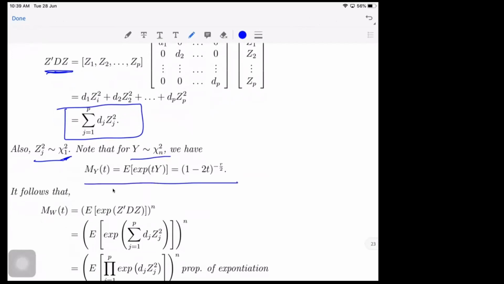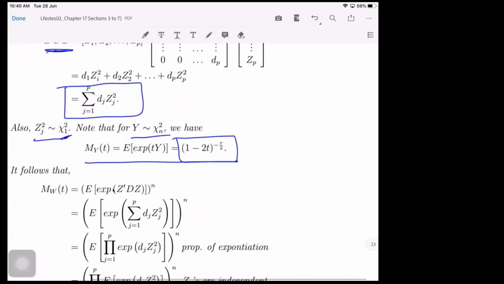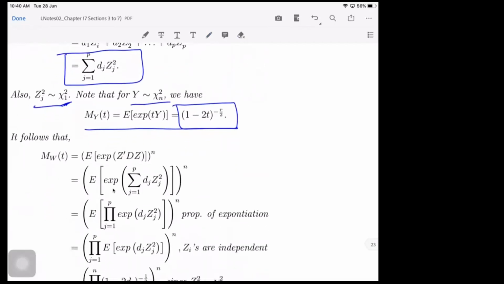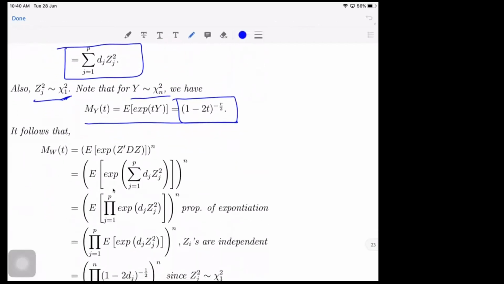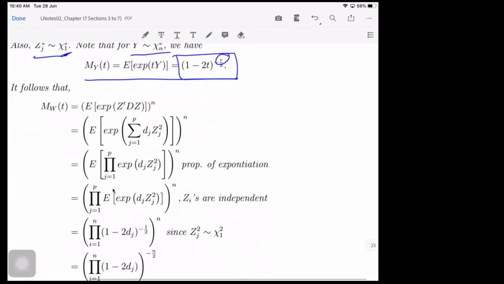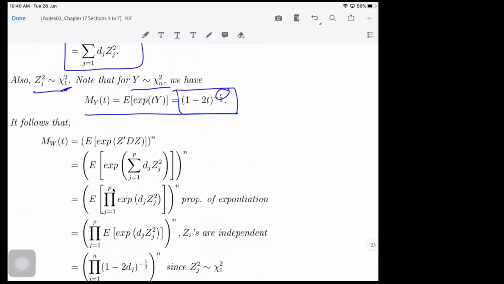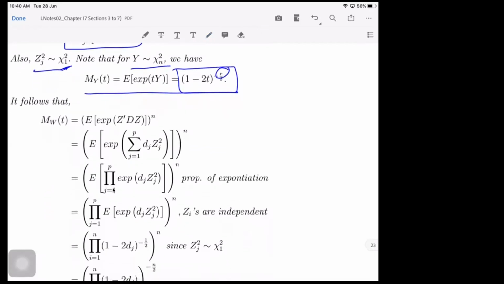So we have this moment generating function for a chi-square distribution, which I've shown earlier. Like instead of n, that will be r. So it follows that if y is chi-square, or any random variable which is chi-square, it will have this moment generating function.